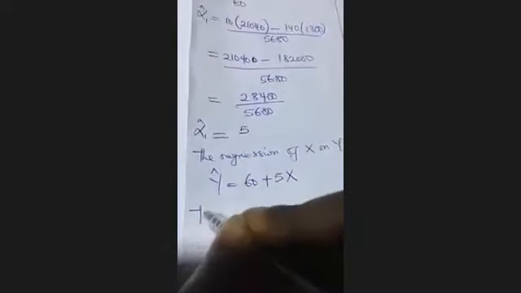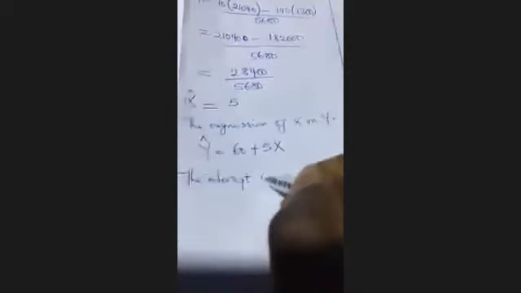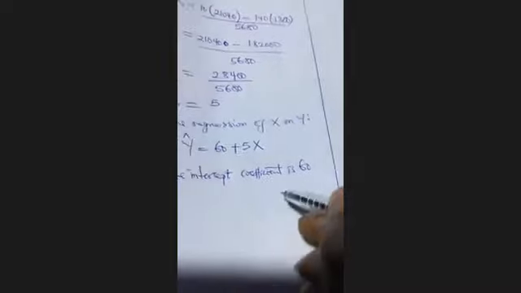So now let's interpret this first. You say the intercept coefficient is 60.